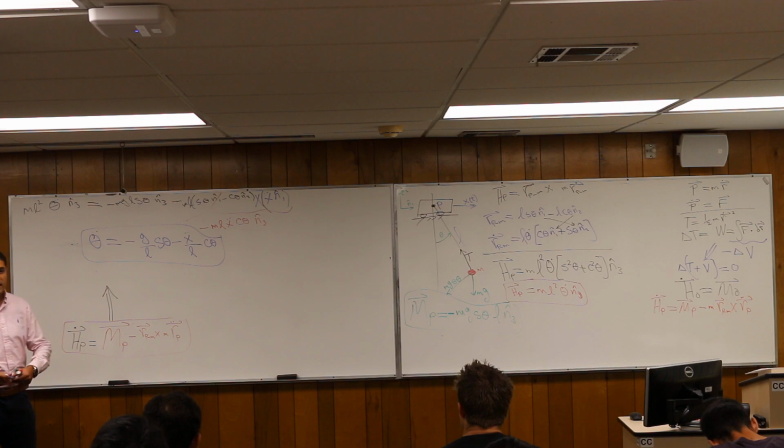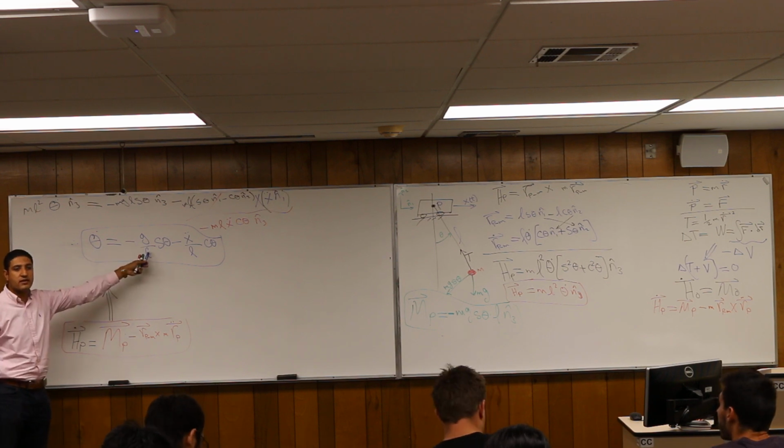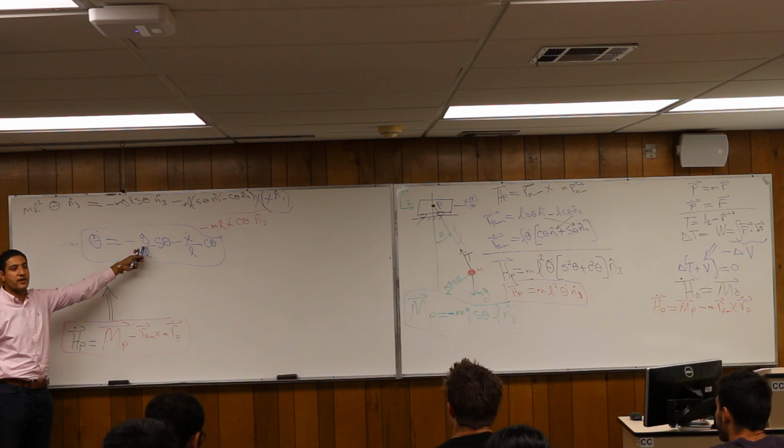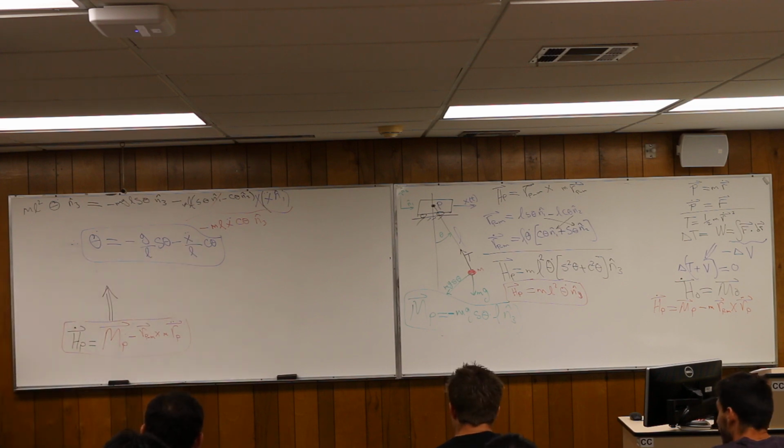Okay? And you can immediately see the reminiscent of the pendulum dynamics. Do you ever remember this? Theta double dot equals negative g over L sine theta. This is the pendulum equation, but the effect of the car acceleration, here it is, okay? Any question?